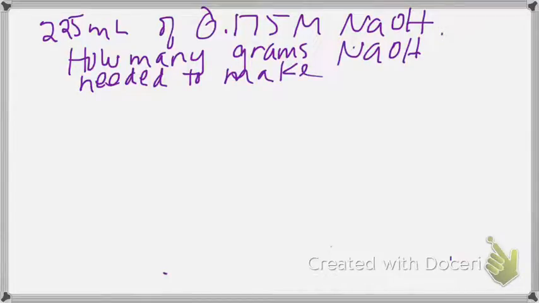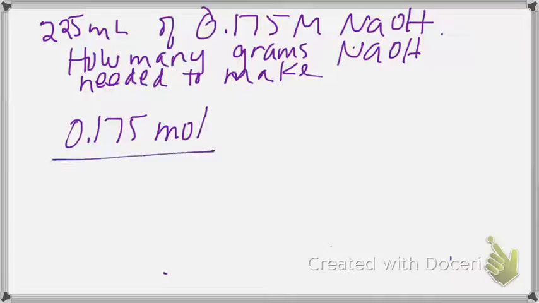You can just write this on the back and transfer it to page 154 later if you want. I need to know how many grams, so I've got to get to moles. When I have a molarity, remember that it's 0.175 moles of NaOH per liter. So what can I do to get rid of liters?